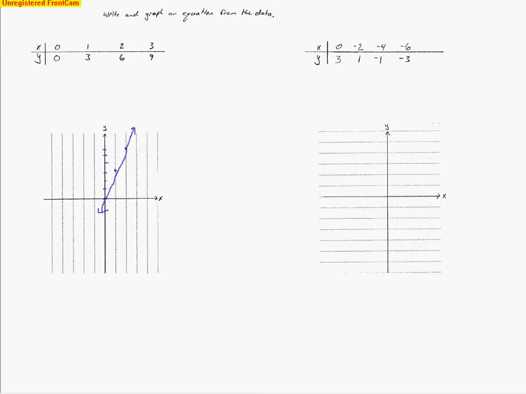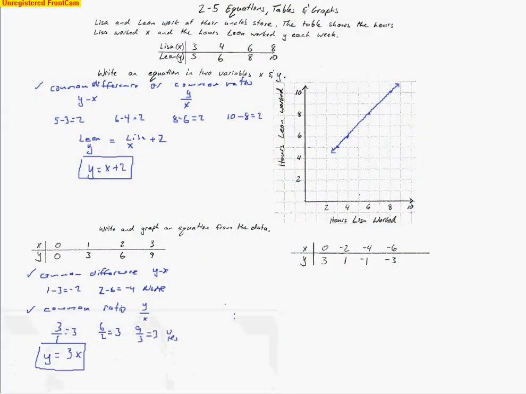Let's go back to that other page and take a look at this one here. So 0, 3. So again, we're checking for common differences first. And I'll go ahead and take the difference of these numbers. Now again, I didn't take the 0, 0 because whenever I have both as the same, I just avoid those and move on to the next one. So the common difference is 3.